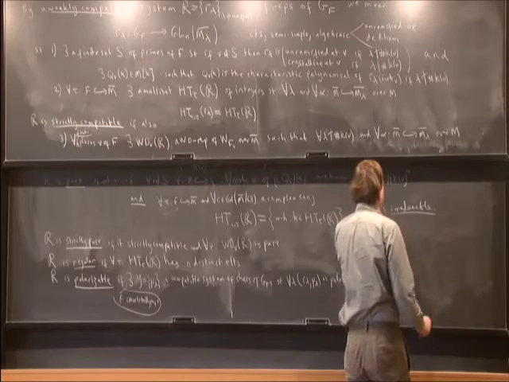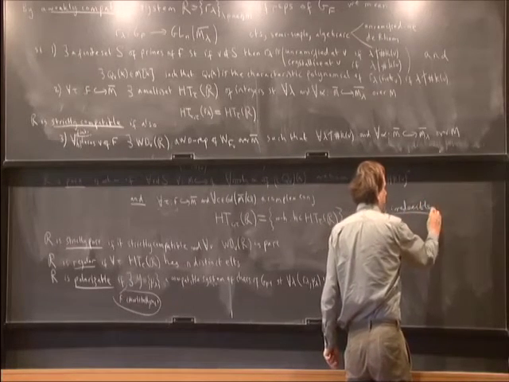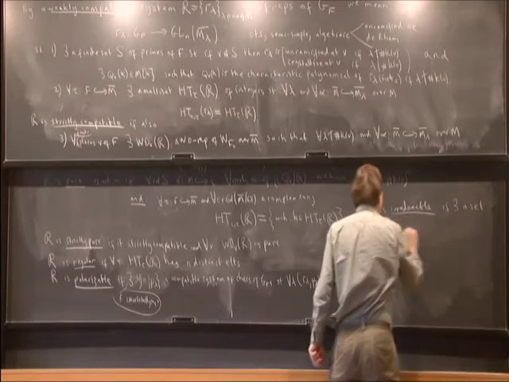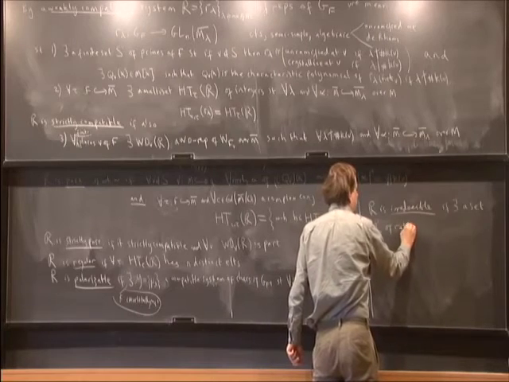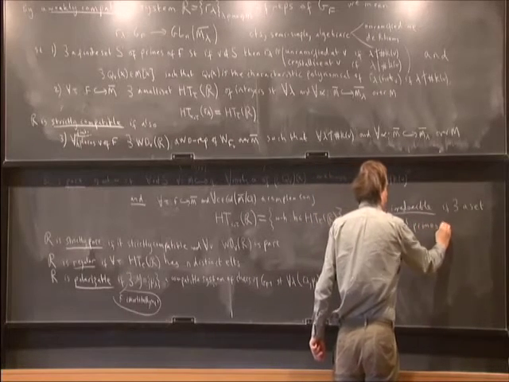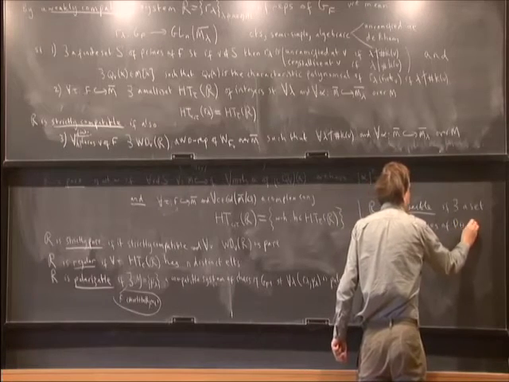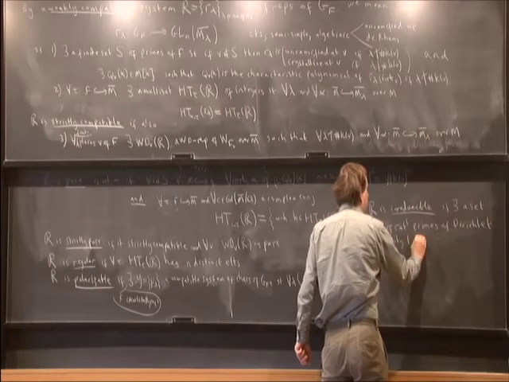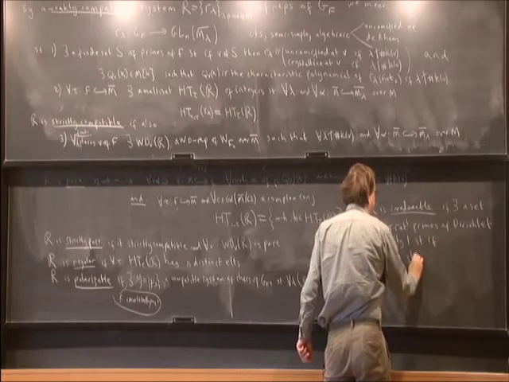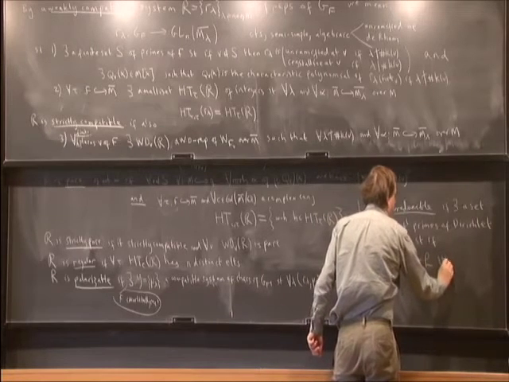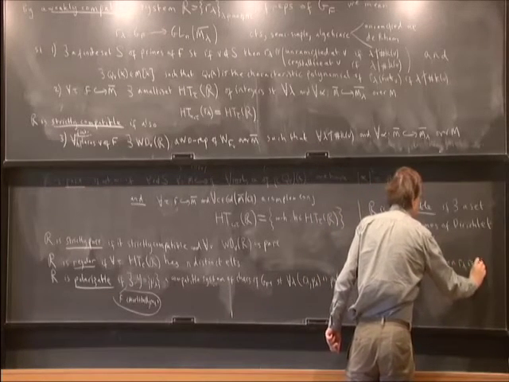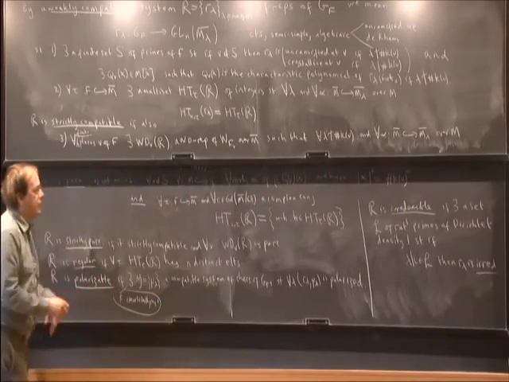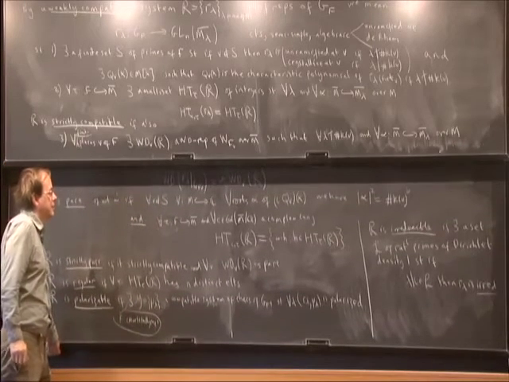But because we don't know that, a convenient definition of irreducible for us will be if there exists a set L of rational primes of Dirichlet density 1 such that if lambda divides L in L, then R lambda is irreducible. So in a sense, almost all of these things are irreducible in a suitable sense.